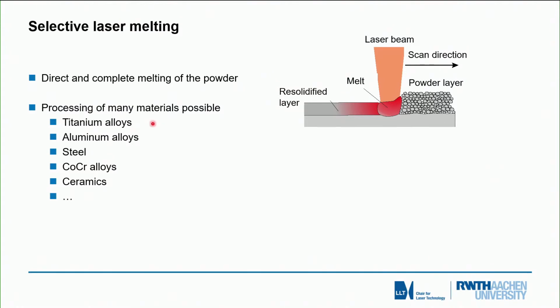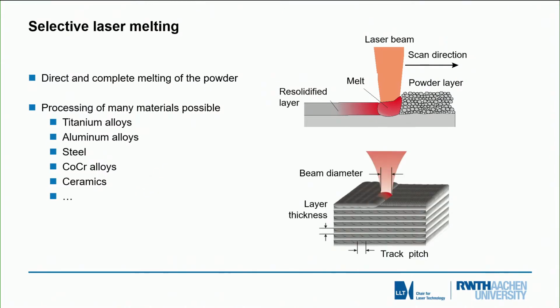For instance, titanium alloys, aluminium alloys, steel, cobalt, chromium, ceramics, biocompatible, bioresolvable materials, a lot of applications which have been developed in this context with the simple scale and scheme of placing one layer of molten material onto the next one in generating these parts.